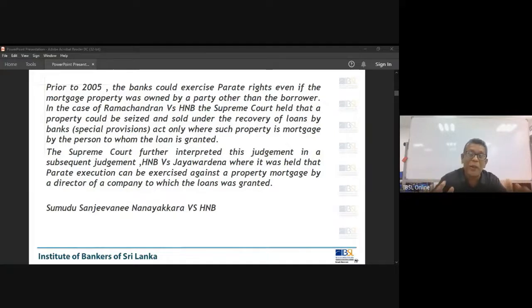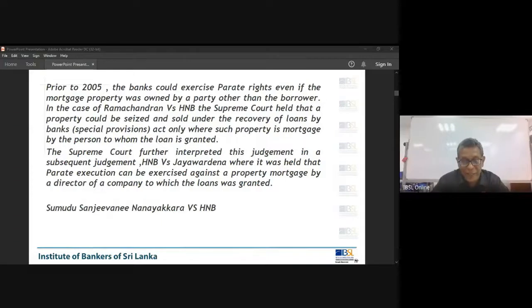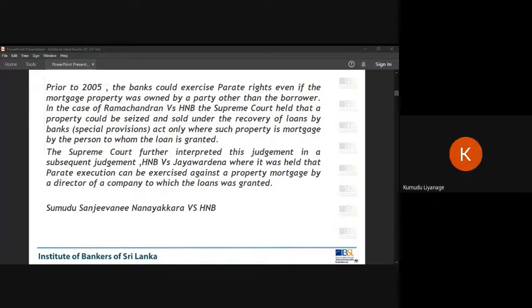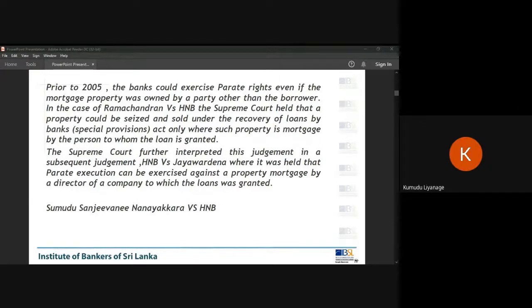So, are you aware of this case? The Sumudu Sanjeevani Nanayakkara versus HNB case. You're talking about the Kandy matter, no? Yeah. Are you aware of that? Do you know the history behind that judgment? Are you talking about the incident?